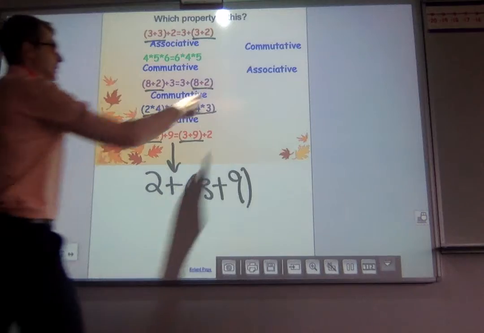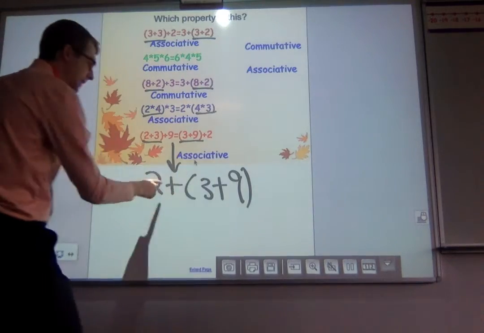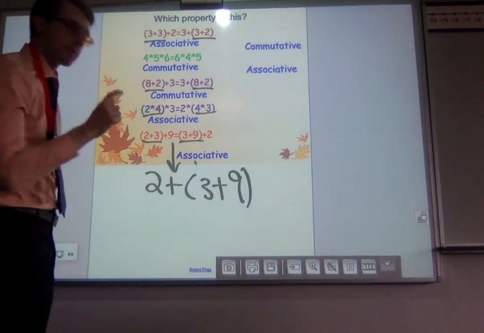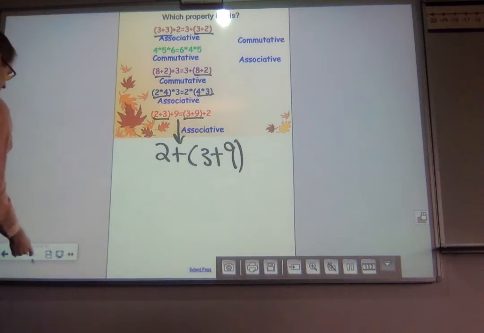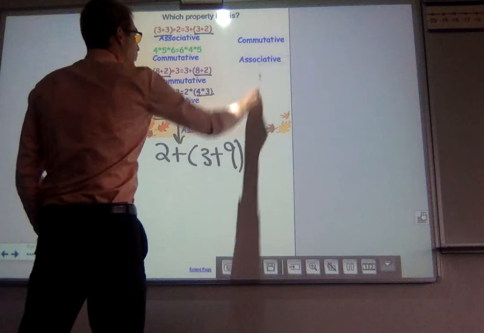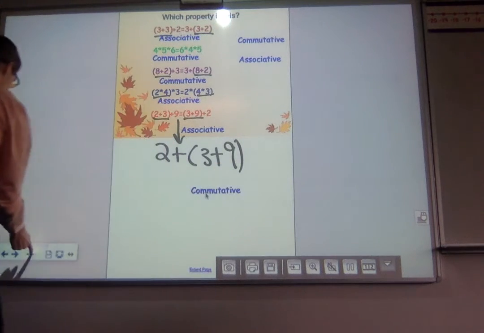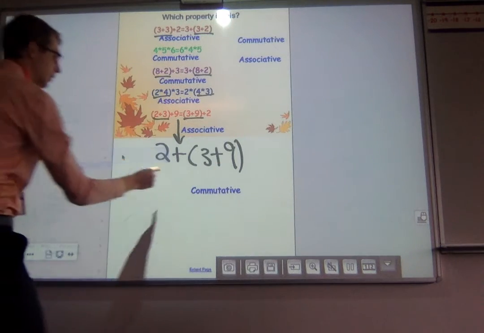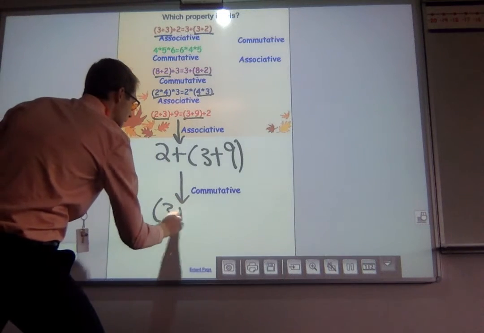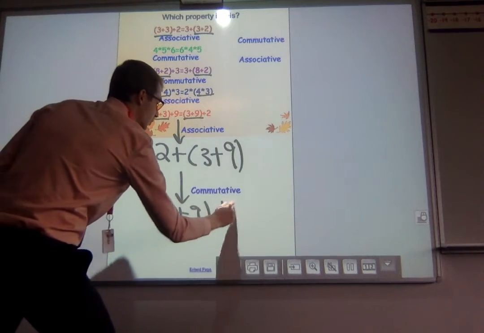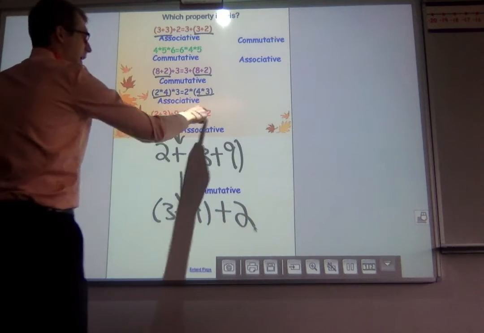What we notice is that's not exactly what we see here. Something else has happened: both properties were applied. If we continue drawing this out, we flip the order now. We get 3 plus 9, all plus 2, and that matches exactly.